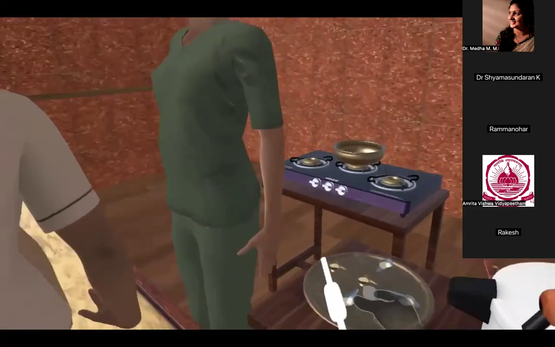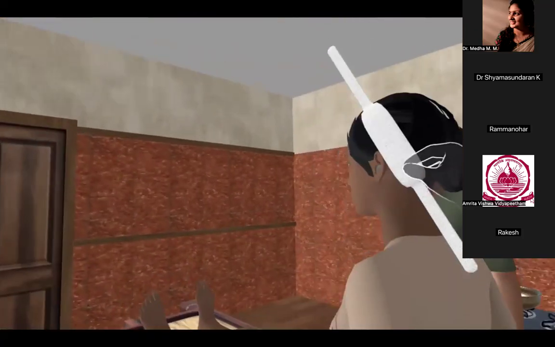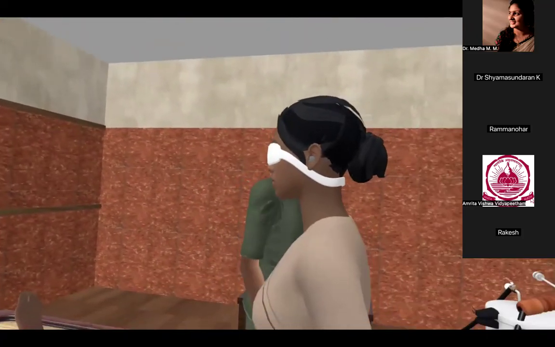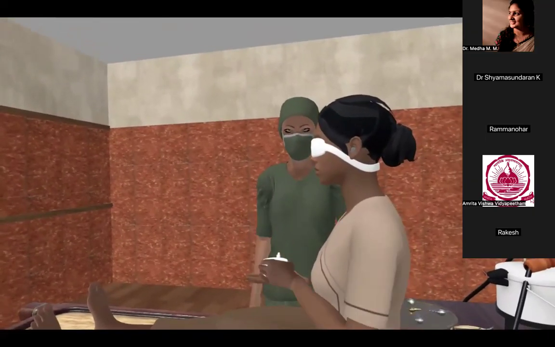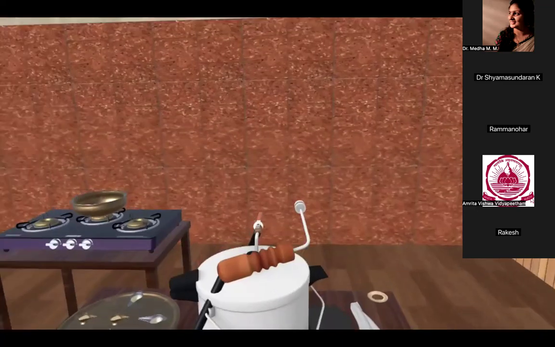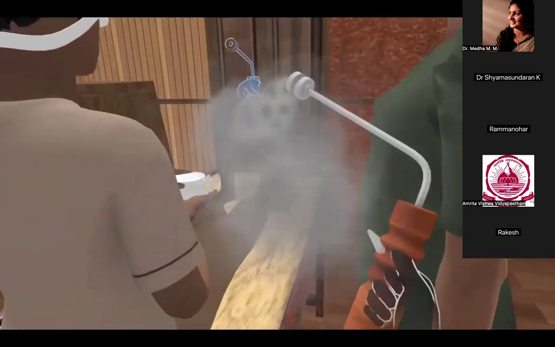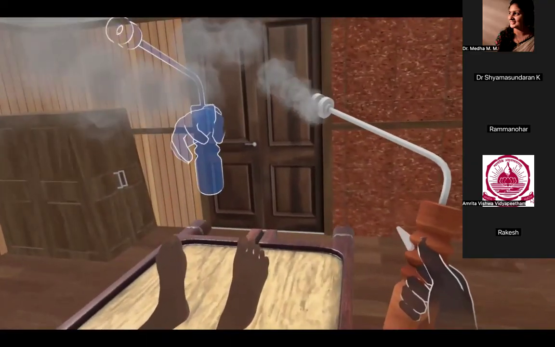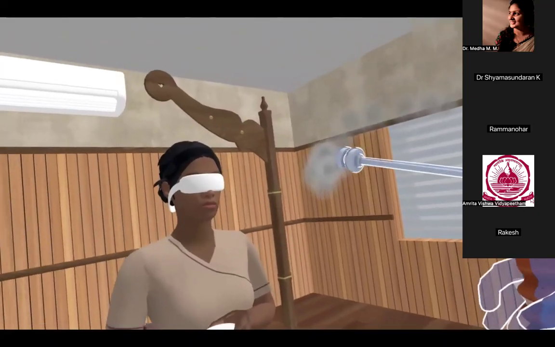Then again we have to cover the eyes with an eye pad. Then the Nadi Sweda is administered to the patient in the neck and head region. This is to ensure a thorough cleanse.